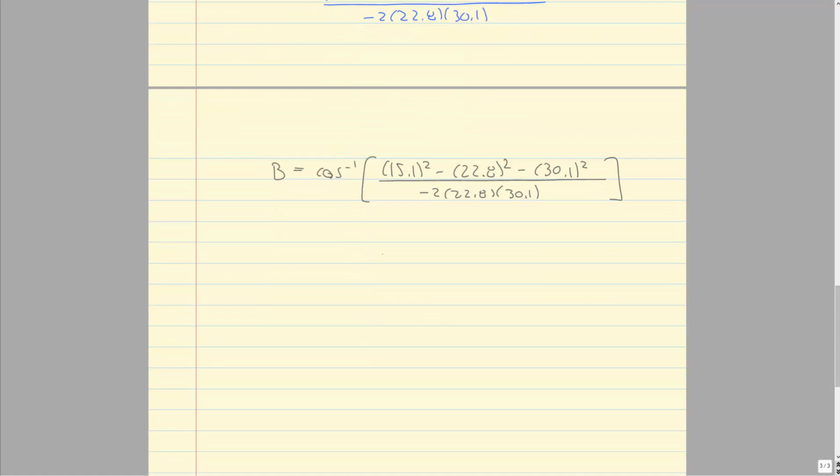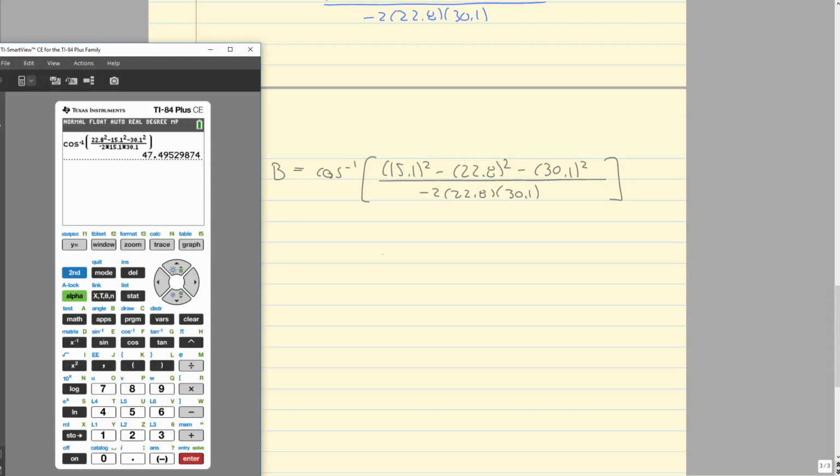and let's go ahead and plug that in. We're in degree mode, so let's keep that in mind. So for arc cosine or inverse cosine, I'm going to use the fraction key, alpha y equal. If you don't use the fraction key, I'll show you what we'll do with that. If you don't use that fraction key, you have to make sure you have parentheses over the entire numerator and the entire denominator.